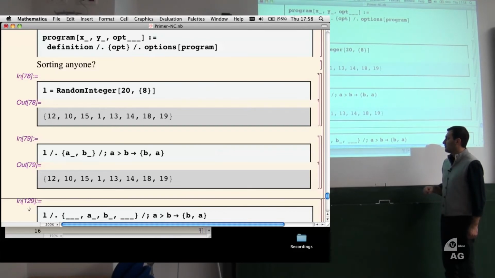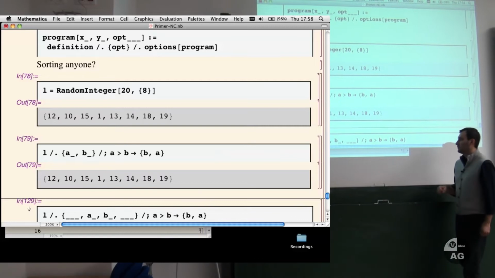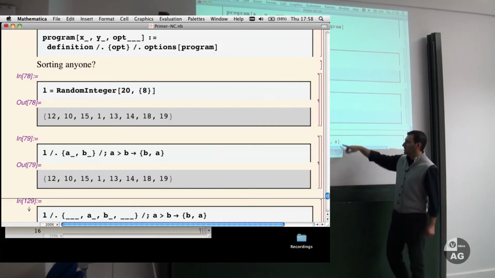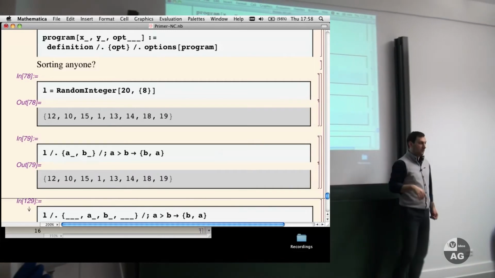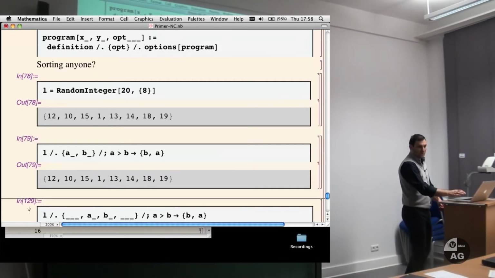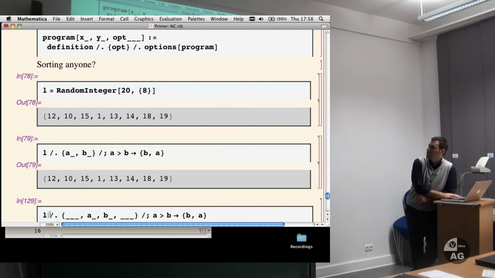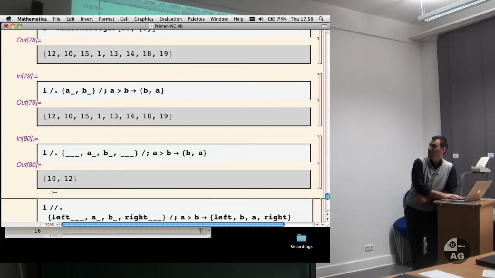So we would have to name them, triple underscores, and reuse them in the result. That's a good point. So what will we get out of this? A list of the numbers, if at all. Which ones, if at all? I don't know. The first 2, so it would be 10, 12? Yeah, so it stops here. Okay, how about this one?